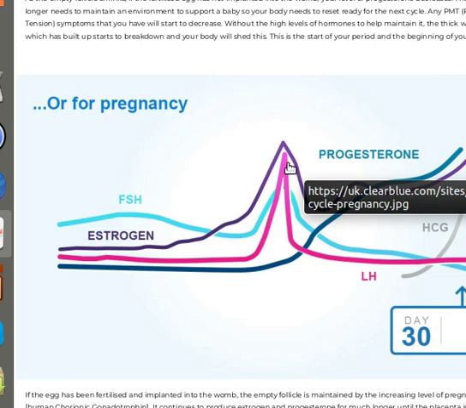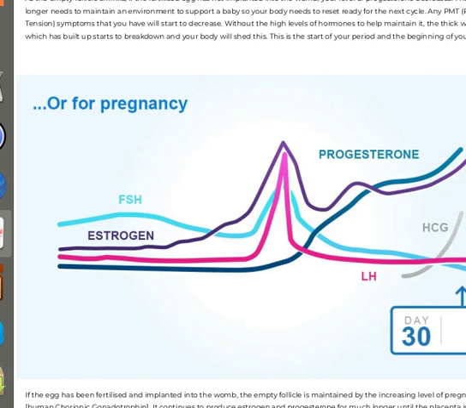And we should see a peak in one particular hormone, LH. Yes, I know, we should go back to the other slide. Don't worry. LH, there's a surge in LH. We definitely know that something is going to happen.